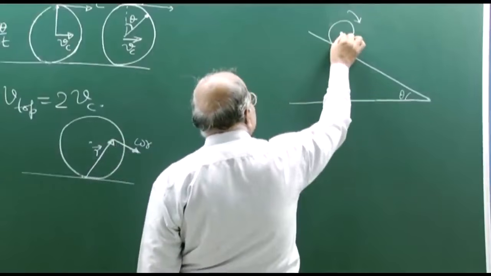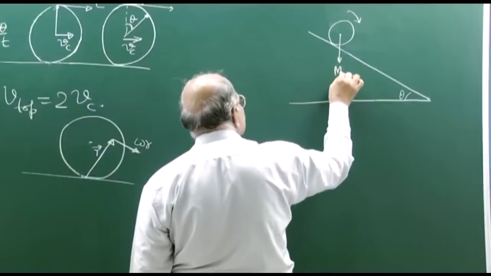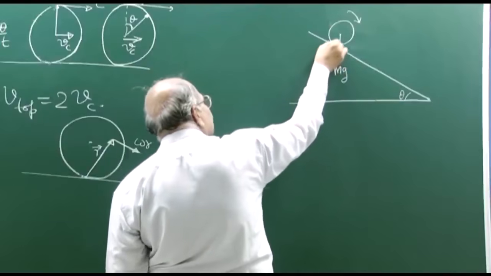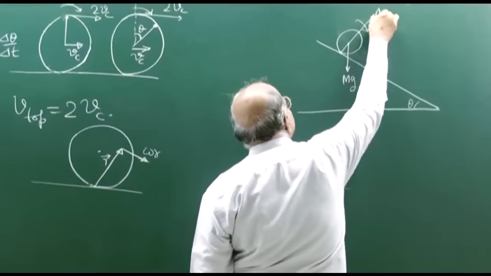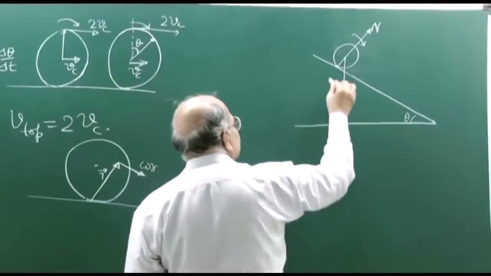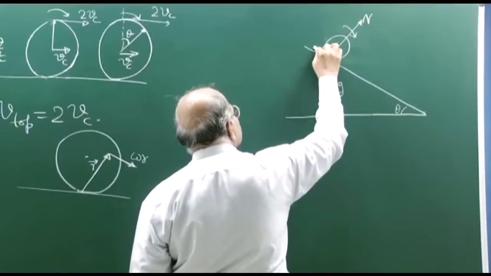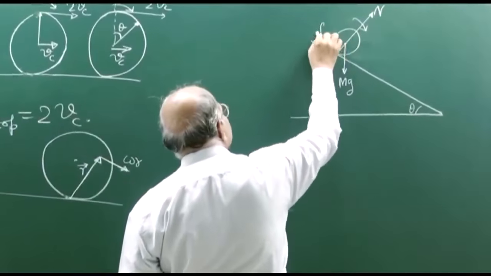The forces will be weight, you can write mg, and the normal force from the contact, that will be normal force here, and then you will have friction by this track. So, you will have some frictional force which is parallel to the surface, F, small f.